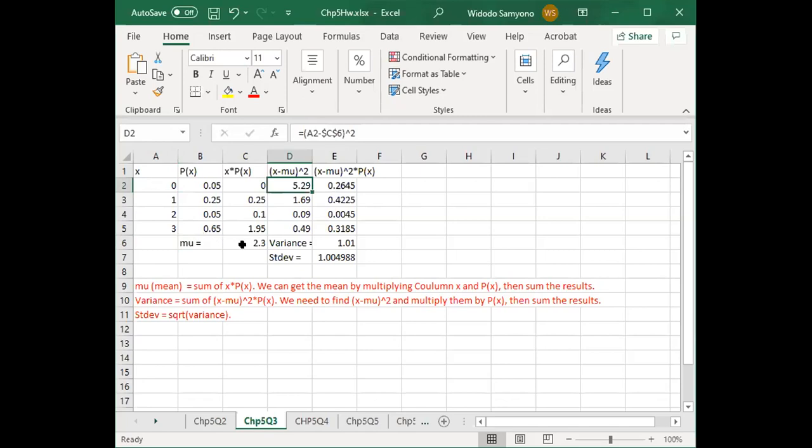Mu is C6, so all of these I subtract with C6 and then take the square. And then for this one, actually using R is easier.